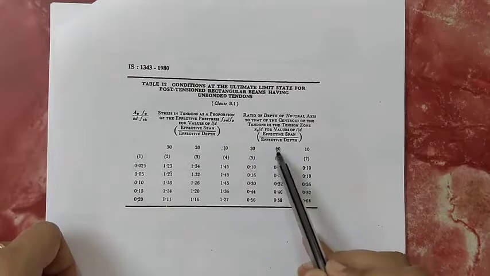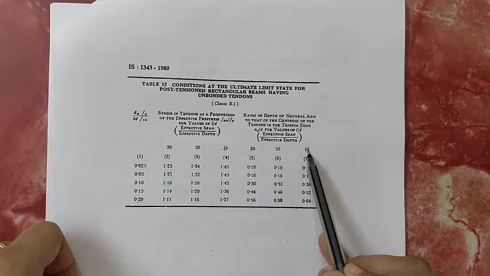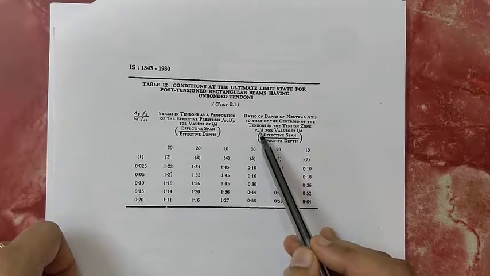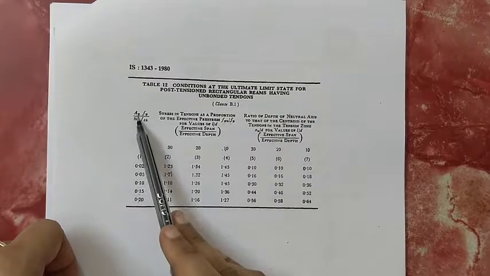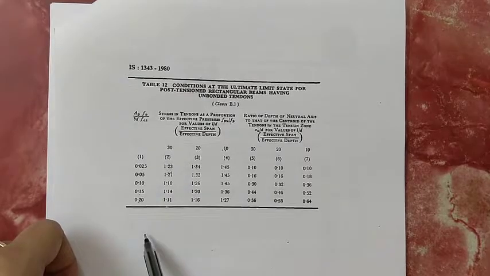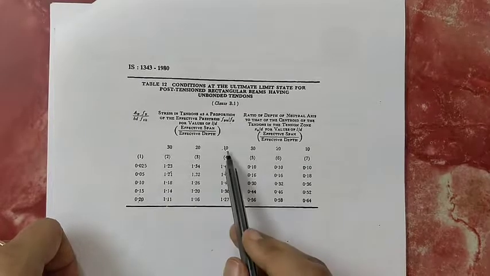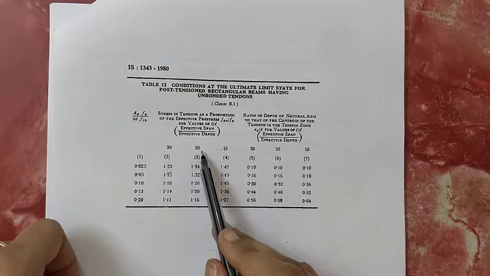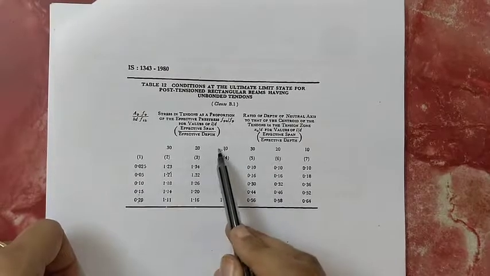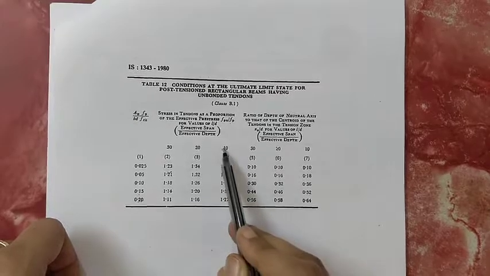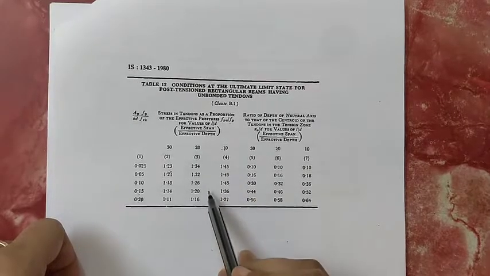Similarly here, 30, 20 and 10 are all L by D ratios, and for different L by D ratios, they have given this column value, that is the ratio of XU by D. First you see APFP BD FCK is 0.30. 0.30 is not there, that's why I am going to read it at 0.20 itself. For 0.20, the L by D ratio is 12.5. Observe in which two values it lies. It is between 10 as well as 20. Between 10 and 20, you need to interpolate it.